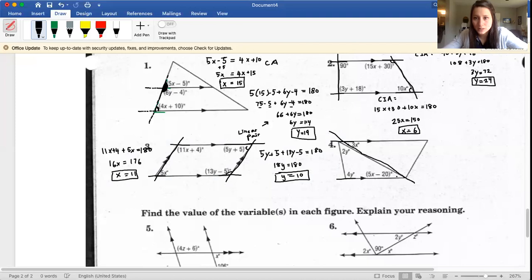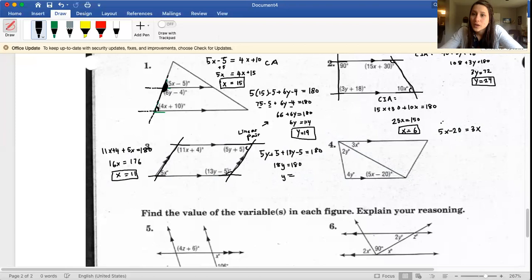If I imagine that these are my two parallel lines, and this is my transversal right here, what's the relationship between 3x and 5x minus 20? Those would be alternate interior angles. So alternate interior angles tell me they are congruent. So that tells me 5x minus 20 equals 3x.